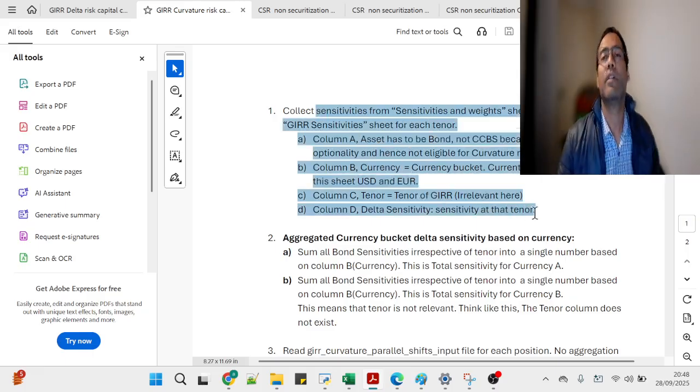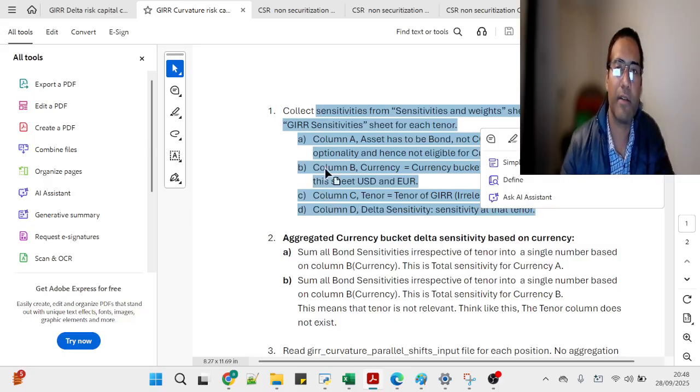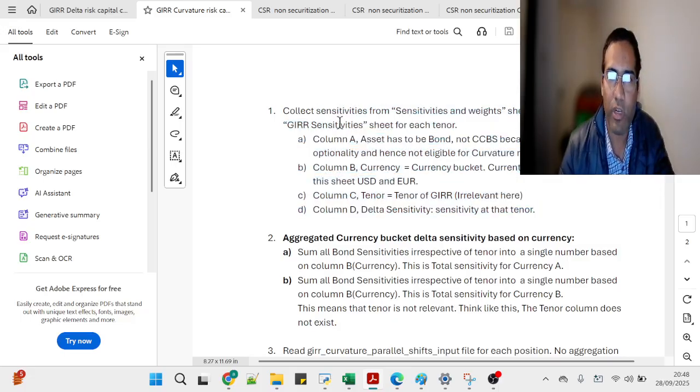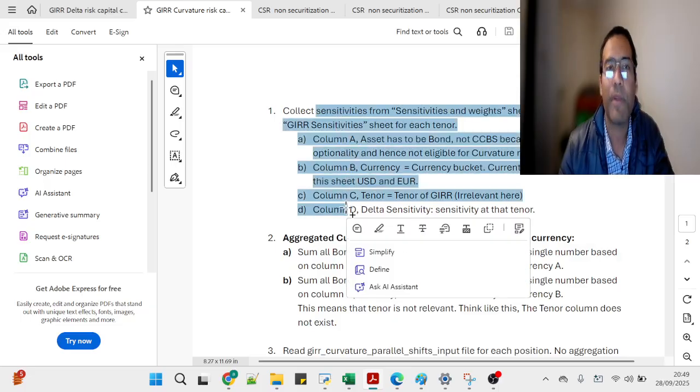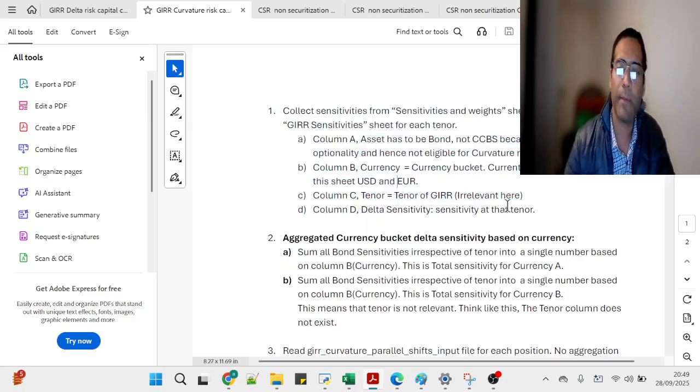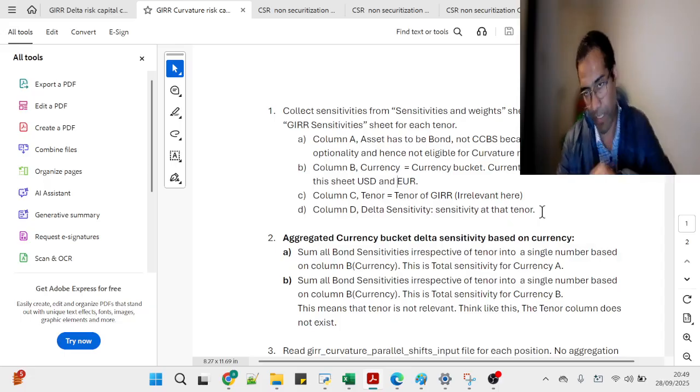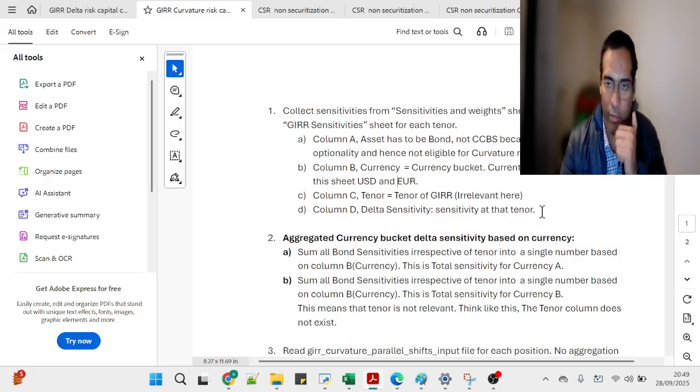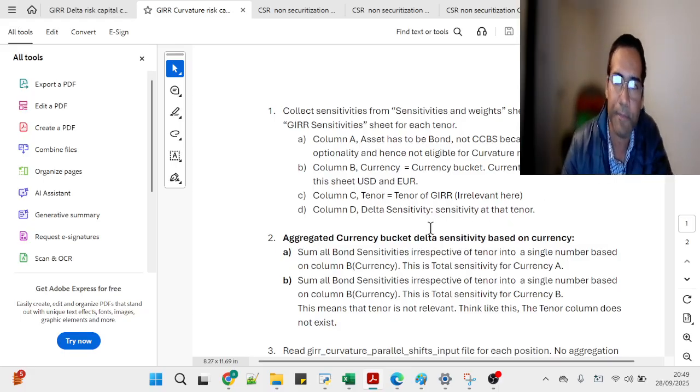One important thing for the curvature calculation, sorry, my mistake, I said Vega. Vega captures the sensitivity to volatility for options, and curvature captures that curve in the bond, the price-to-yield curve, for capturing the non-linearity.